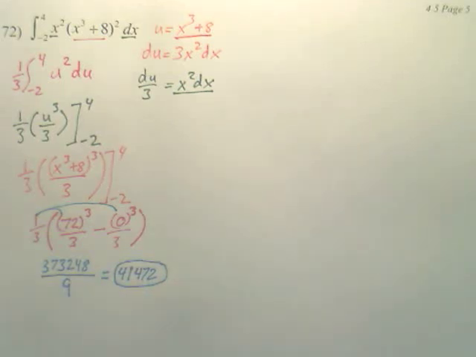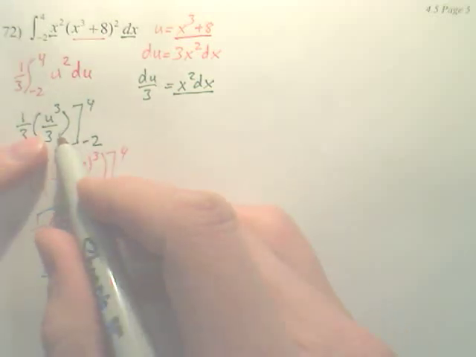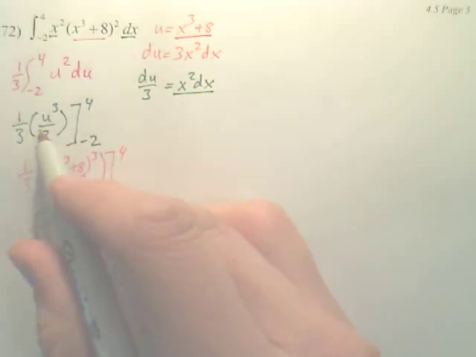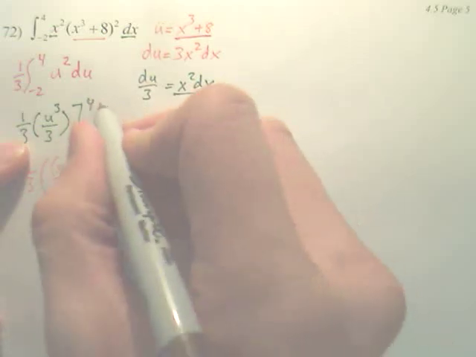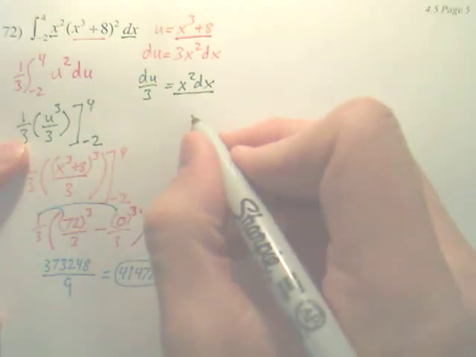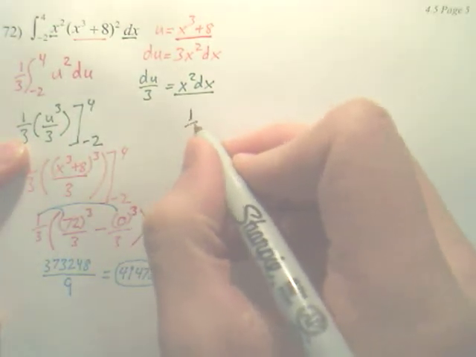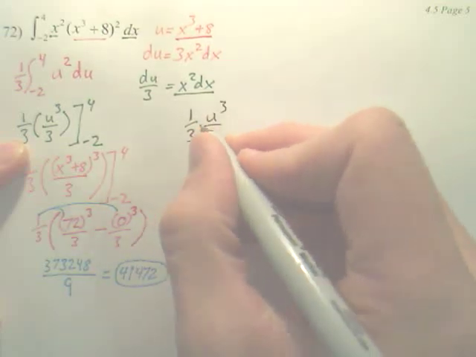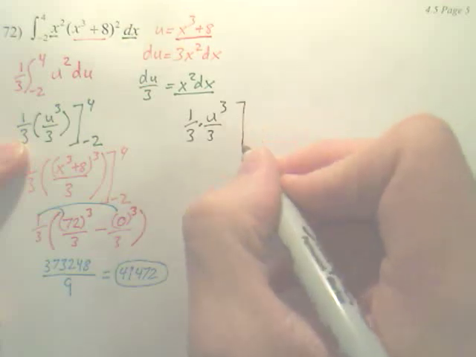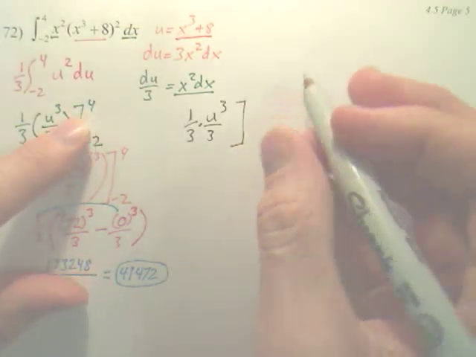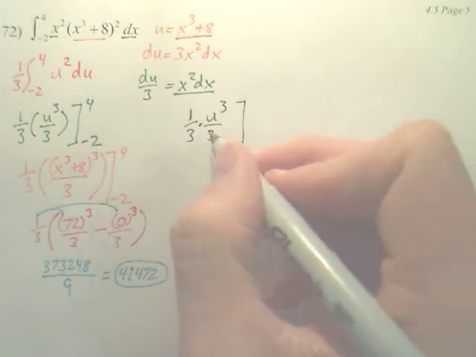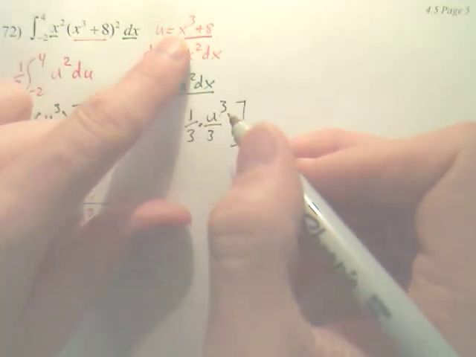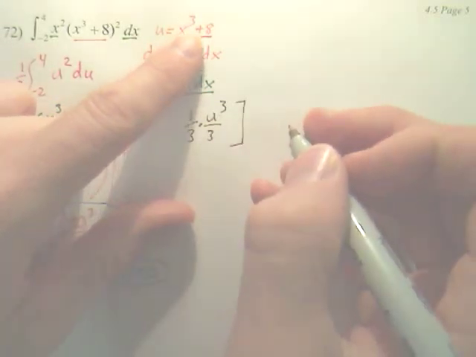Now, there is another way of doing this. And this way is also very important to know. It's right here. I'm going to leave this, but I'm going to change these intervals. I'm going to take the 1/3, u to the 3rd over 3, but I'm going to leave it in u's, and change 4 and -2 to be in u terms. U is x cubed plus 8.